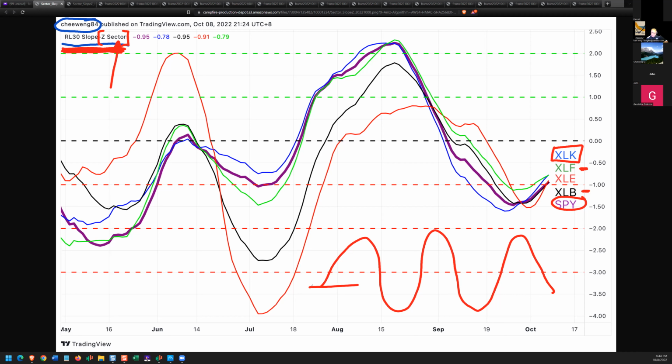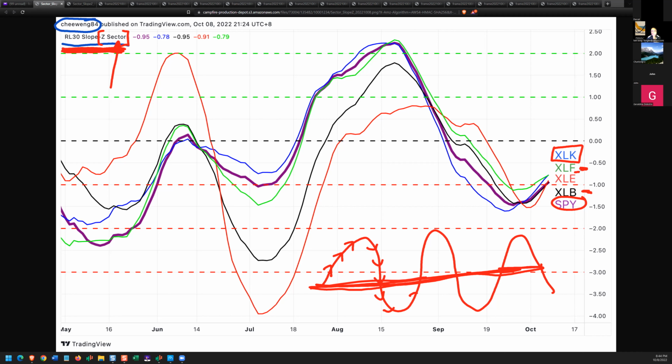So while the S&P is cruising along, there are times when finance and materials are doing better, and then times when they're not doing better. And it tends to oscillate as they go through the business cycle. And they can go out of phase too. Like sometimes finance will be in the lead, and then other times materials will be in the lead.